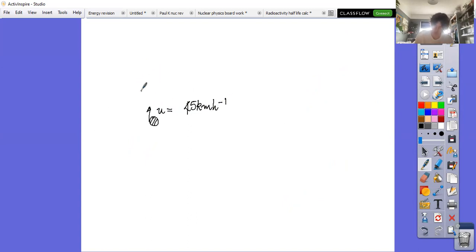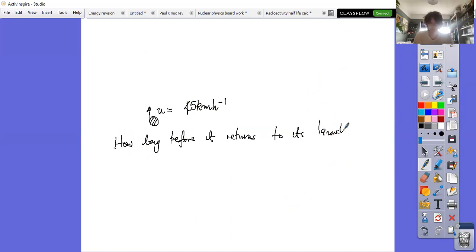The question is, how long before it returns to its launch point? So this is doing something like this. Shot up vertically, gets to maximum height, drops back down. So how long before it returns to its launch point?